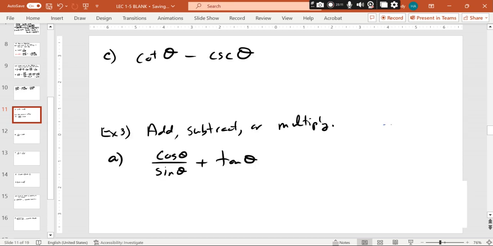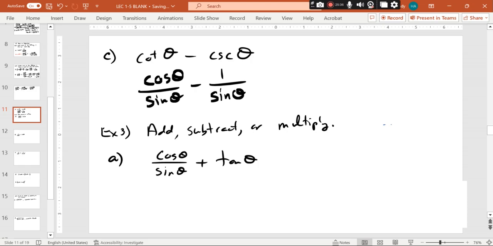C, cotangent theta minus cosecant theta. Can you simplify this out? Let's go with it here. So cotangent is cosine over sine, minus, and then cosecant is 1 over sine. And the question right here is, do we have common denominators?